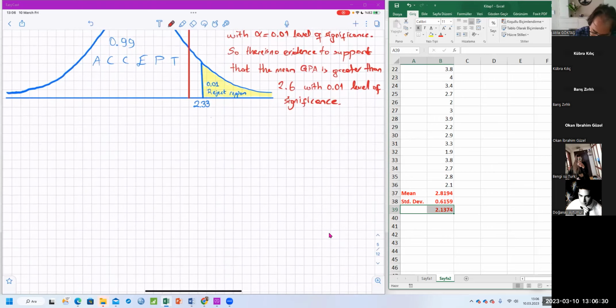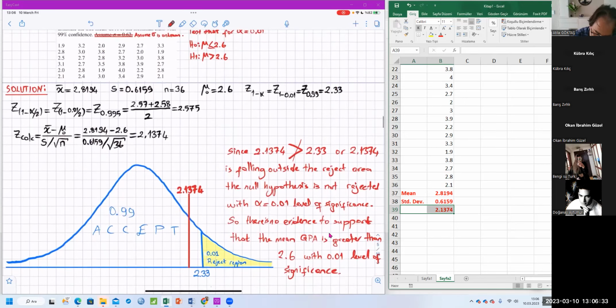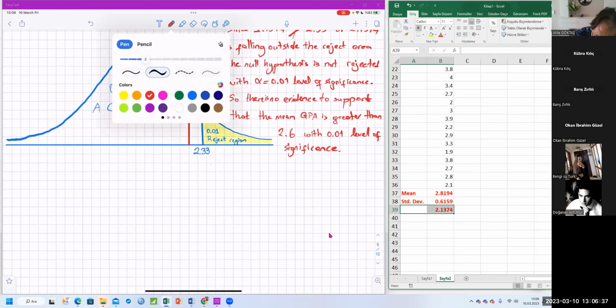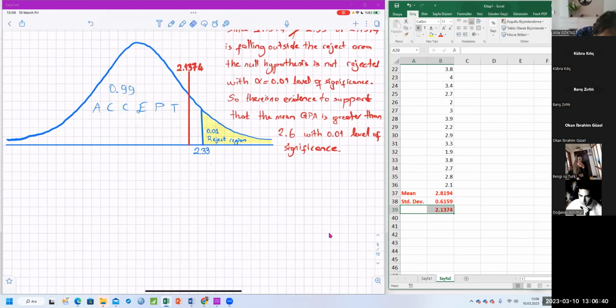Okay. So to construct the confidence interval, remember the confidence interval was X bar minus z sub 1 minus alpha over 2 times the sample standard deviation divided by the square root of the sample size, less than or equal to mu, less than or equal to X bar plus z sub 1 minus alpha over 2 times S divided by the square root of n.